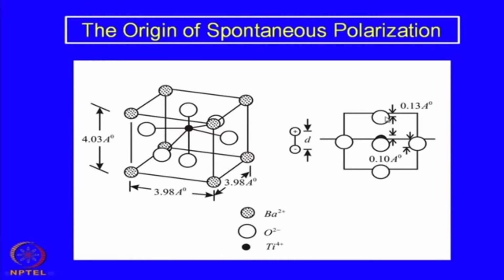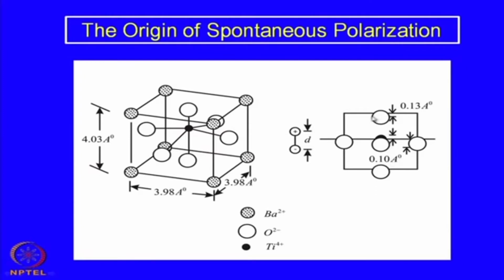The oxygen which is supposed to be at the center of this face is not exactly at the center of the face; it is about 0.13 angstroms below. So, all of them have displaced from their symmetric position. They were supposed to be on this line, but they are displaced by about 0.1 angstroms.